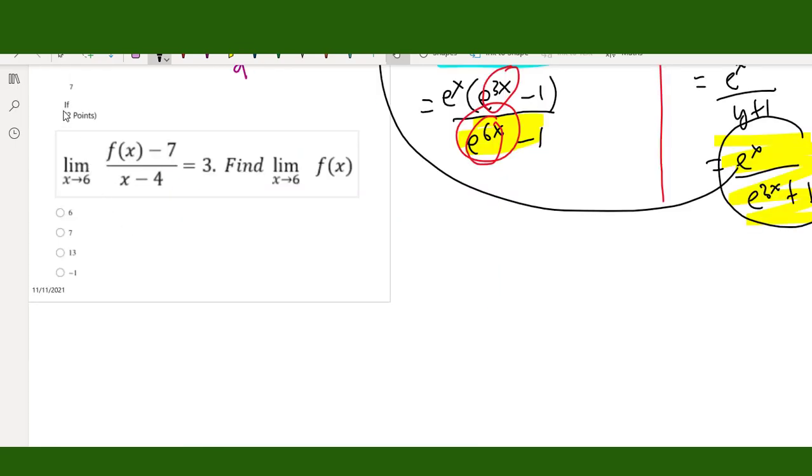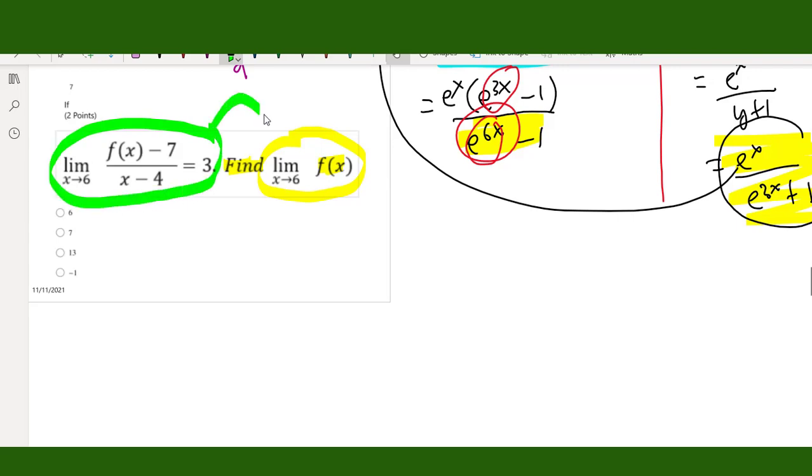Number 7: if the limit of f(x) minus 7 over x minus 4 as x approaches 6 is equal to 3, find the limit of f(x) as x approaches 6. So we take the info to find the function f(x).